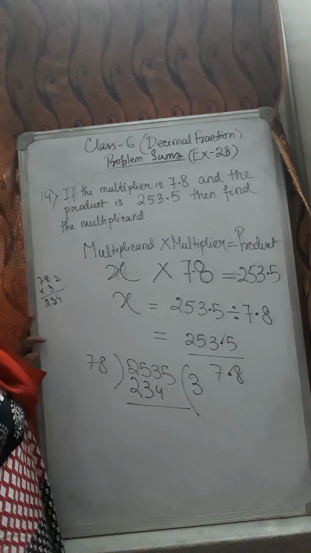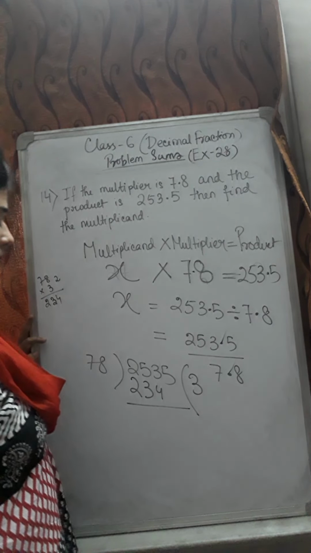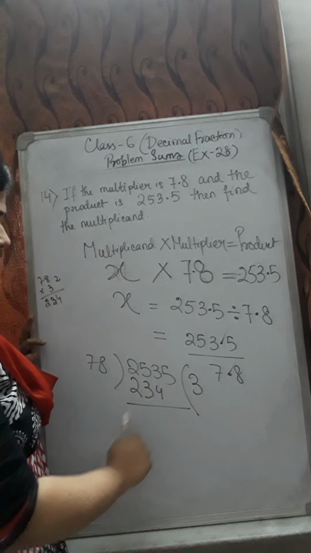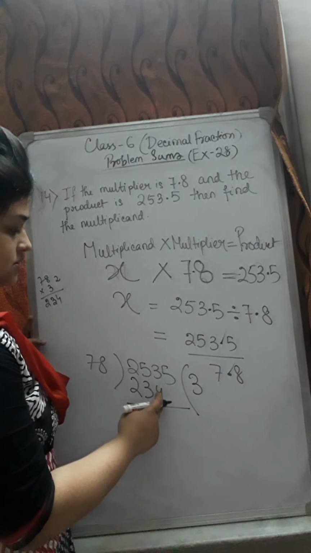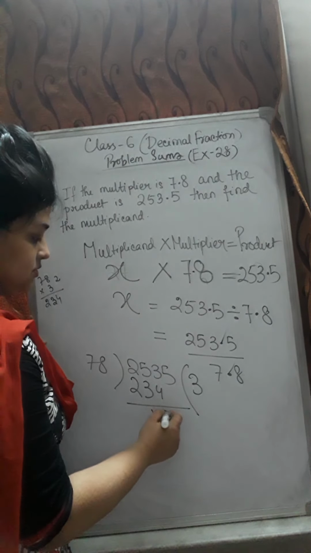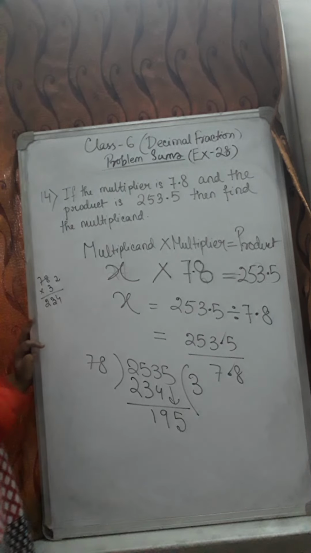Then what is left over? After subtracting 234 from 253, the leftover is 19, and you take down this 5, 195.